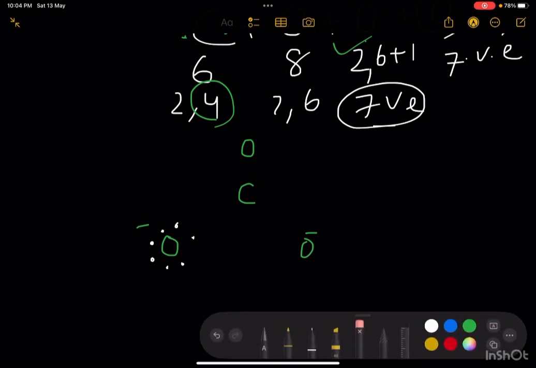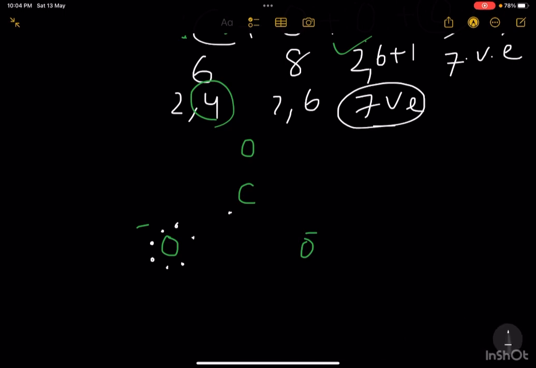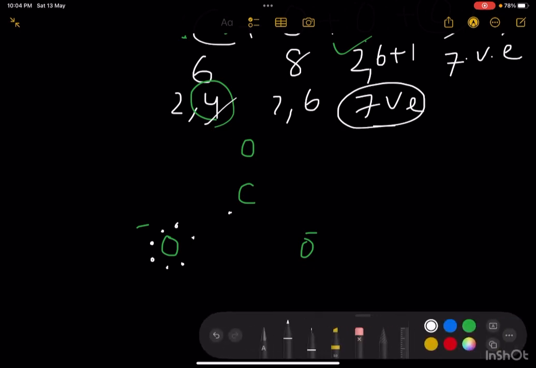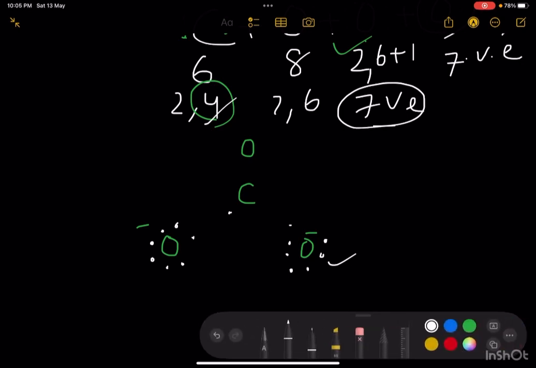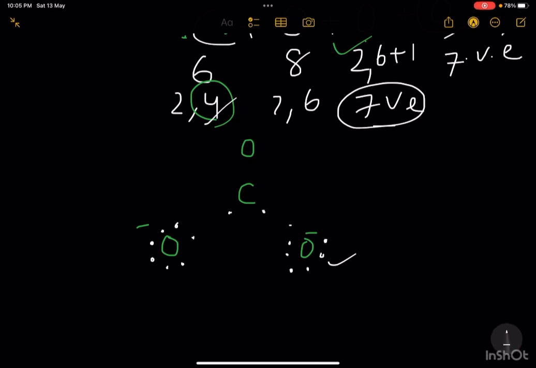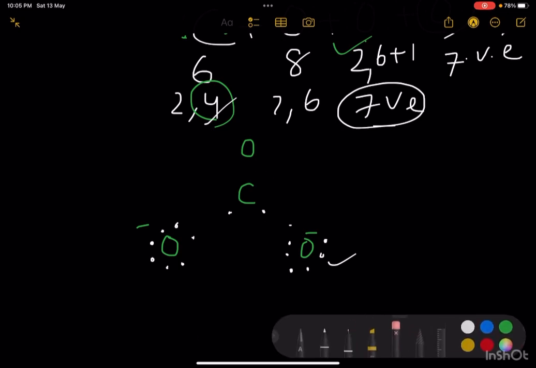How? You see, it will give 1 electron. Then you know carbon has 4 valence electrons, already 1 electron I have written. Then the second O minus also has 1 2 3 4 5 6 7. It needs another 1 electron, so I have to put one more dot over here. This is the electron of this carbon.